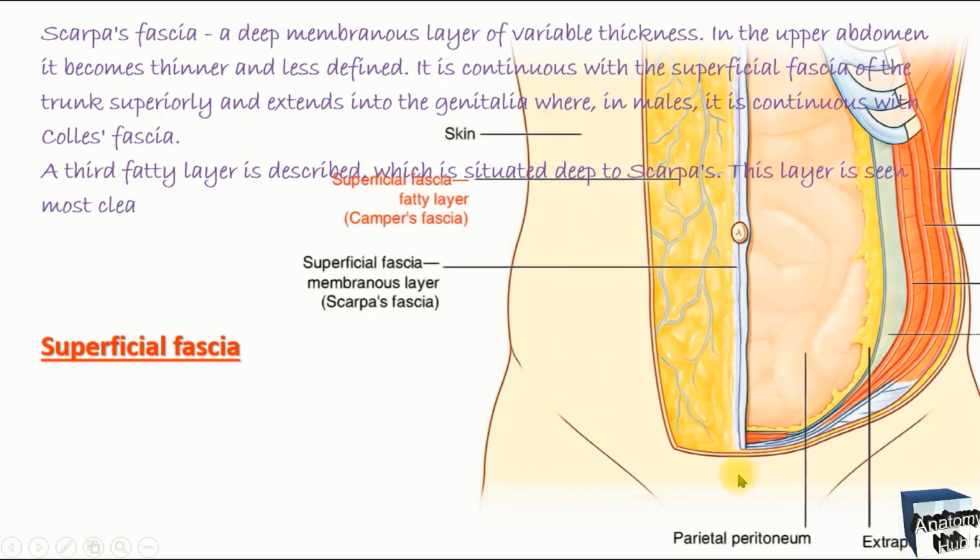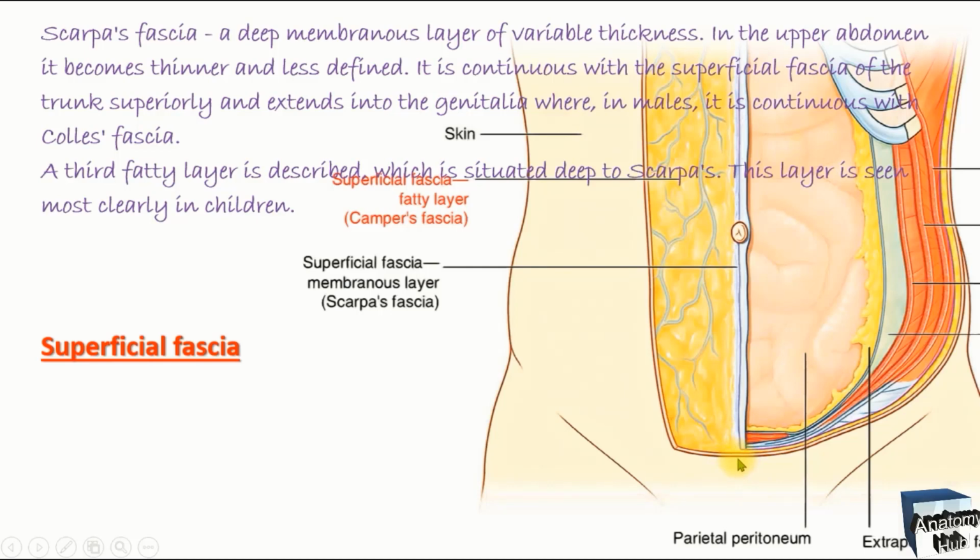A third fatty layer is also described, which is situated deep to the Scarpa's layer, and this layer is seen mostly and clearly in children.